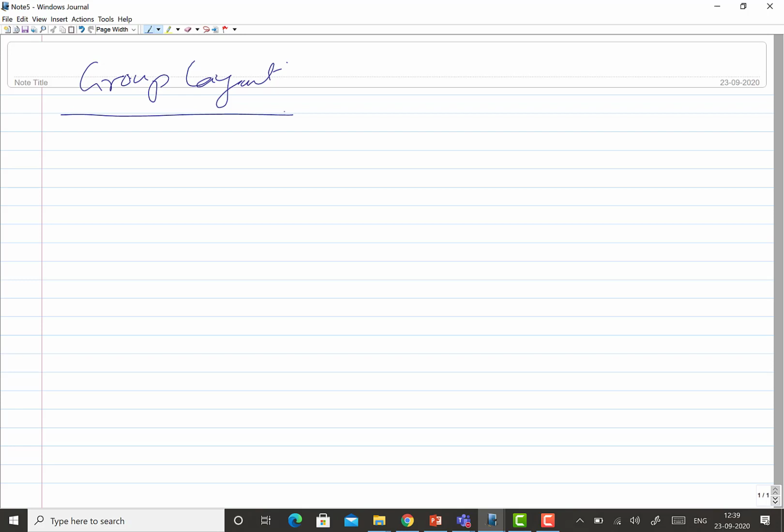Group layout is, you can say, the hybrid structure of both, which combines the few good features of the process and the product layout.